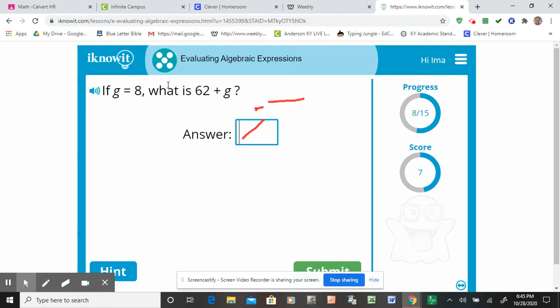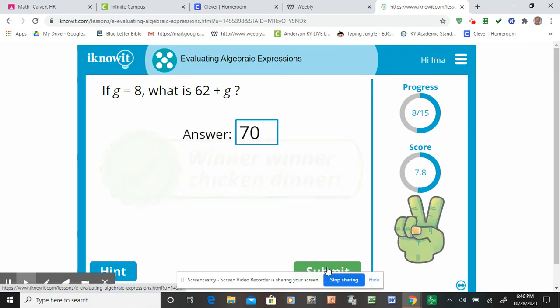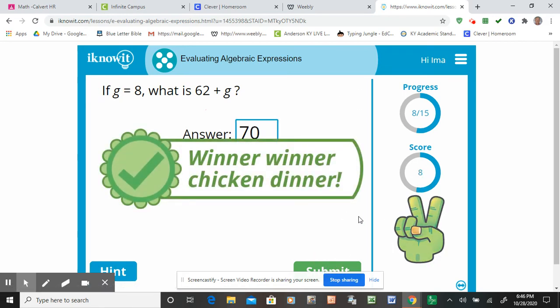That's all you do. Okay. It's telling you the value of g. It says right here, g is 8. So what is 62 plus g if g is 8? It would be 62 plus 8, which would be that. Now let's try a couple more just so we get good practice.